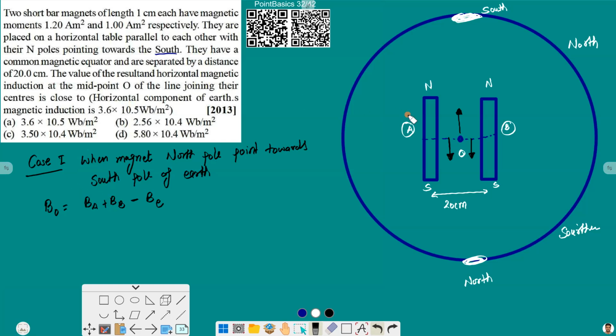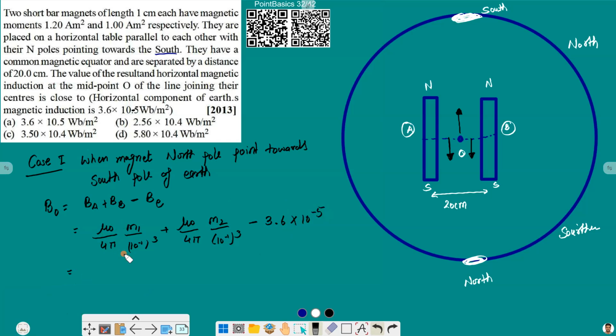We have to find the magnetic field due to these two magnets. As these are equatorial points, the magnetic field will be mu naught by 4 pi, m1 by distance cube. The distance is 10 centimeter here, so 10 into 10 raised to power minus 2, that will be (10 raised to power minus 1) cube, plus mu naught by 4 pi m2 by (10 raised to power minus 1) cube, minus the field of Earth, 3.6 into 10 raised to power minus 5. It should be minus 5, because Earth's field is very small.